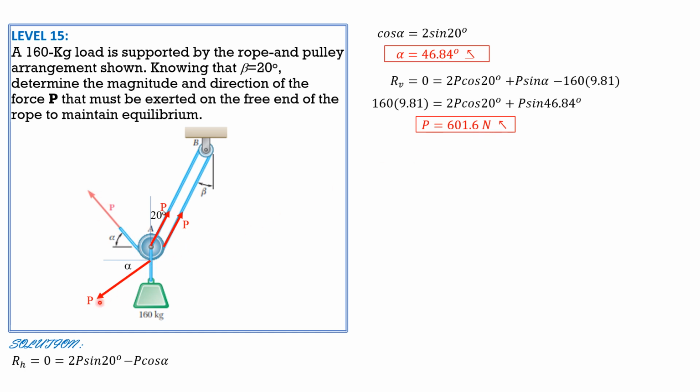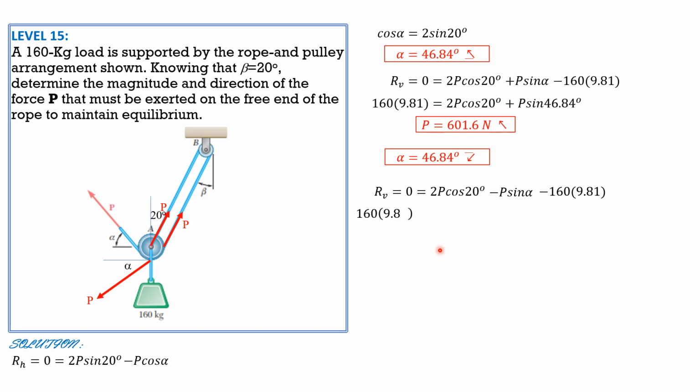If it is inclined in this direction, the angle alpha is still the same because we will have the same equation for RH. So alpha is 46.84, but it is inclined downwards in this manner. Then for R vertical, because this is now the second possibility, R vertical equals 0 equals 2P cosine of 20 degrees, then minus P sine of alpha, then minus 160 times 9.81.